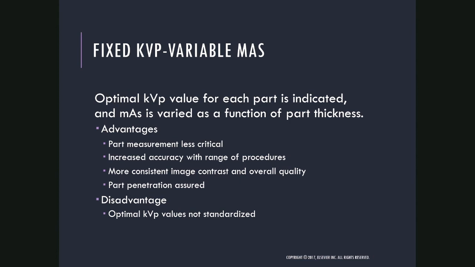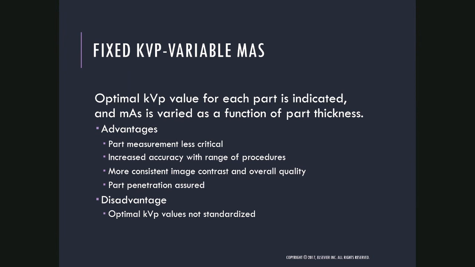But anyways, my personal favorite of the exposure technique charts is the fixed KVP variable MAS chart. You have a set KVP that you use for each part of the body, and then you just vary your MA based on the thickness. Part measurement's less critical.